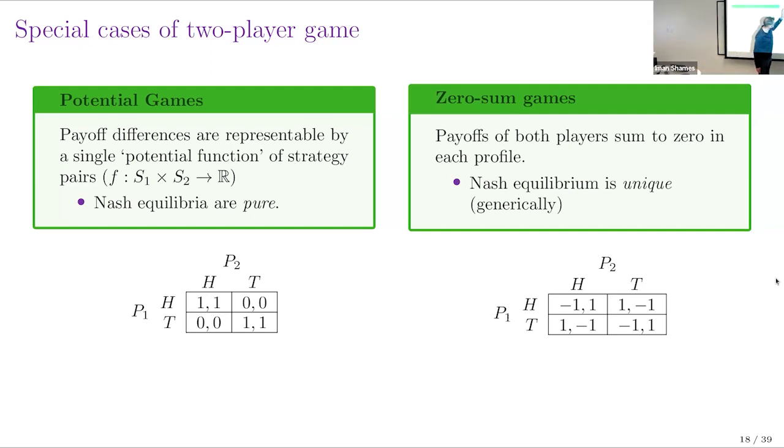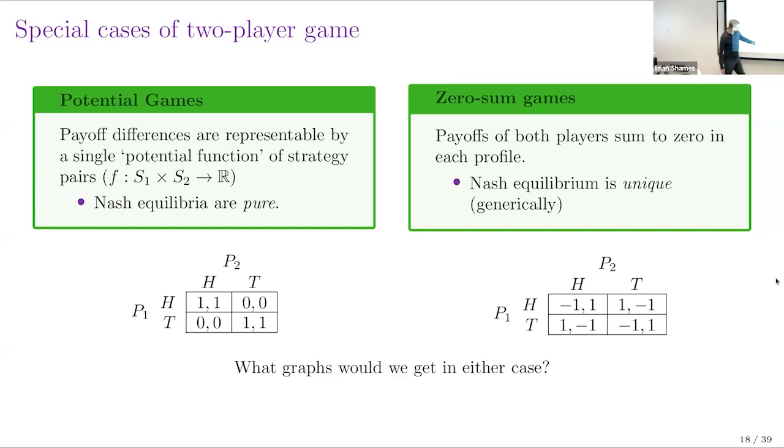In zero-sum games, the payoffs of both players add to zero in each of the profiles. So this is an example, they add up to zero everywhere. And the Nash equilibrium is unique. It's a generic statement as well. So these are the things that we know about these two types of games.